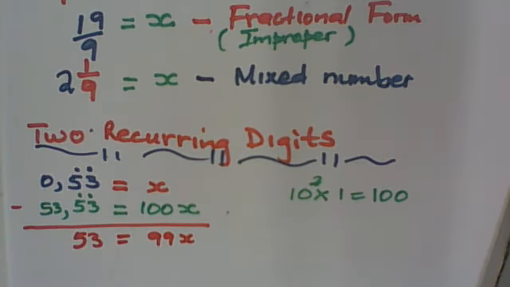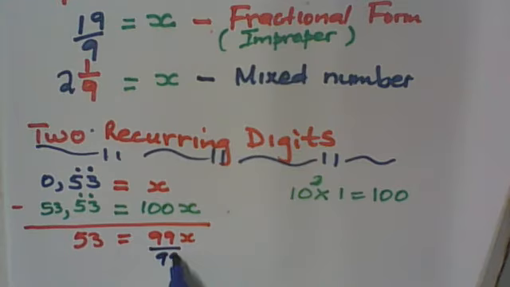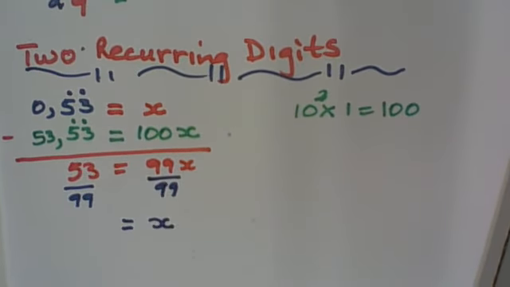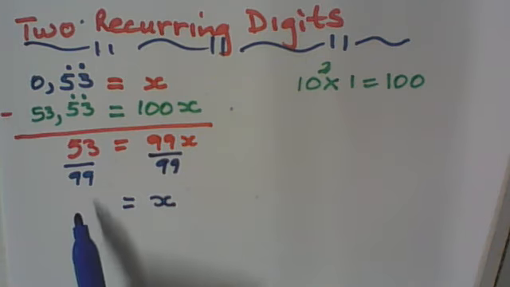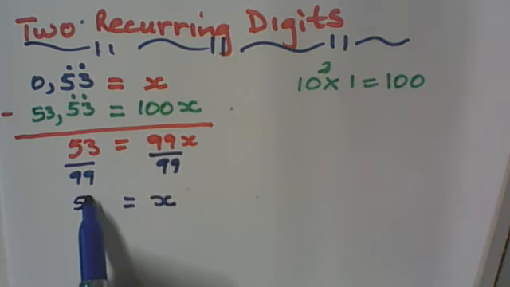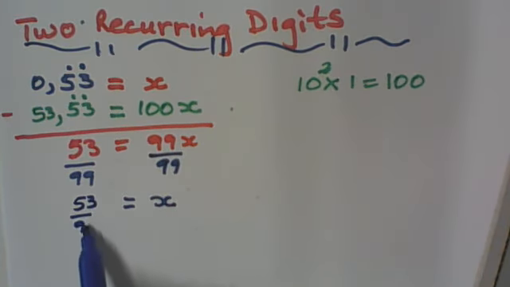So we divide both sides by 99. And therefore, our final answer is x is equal to 53 over 99.